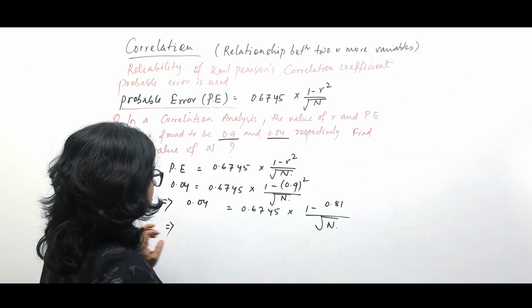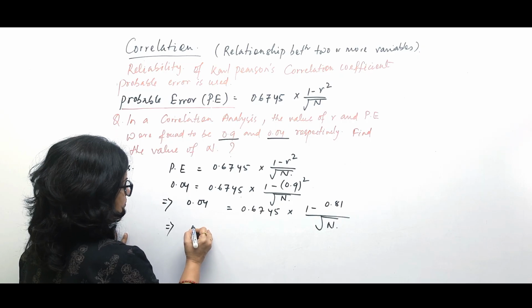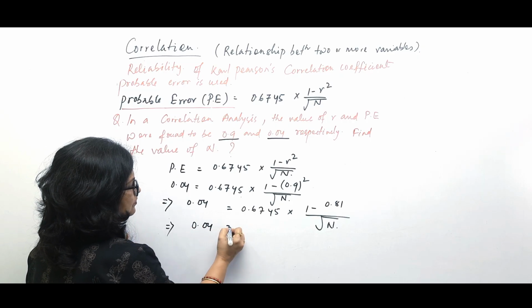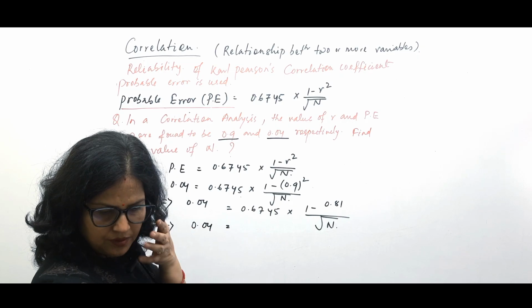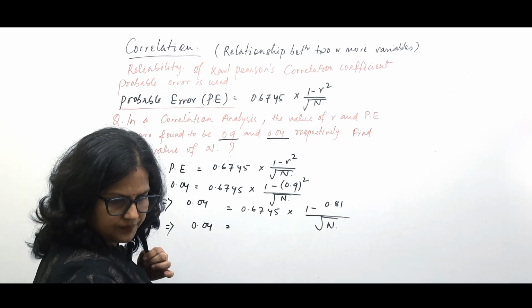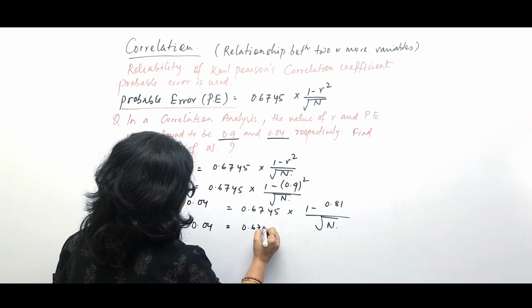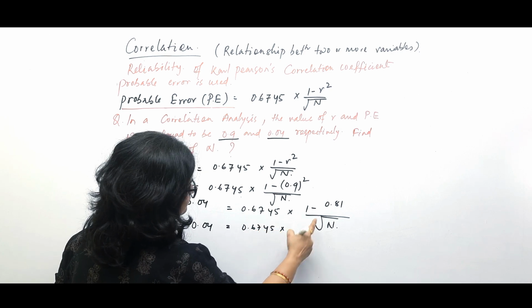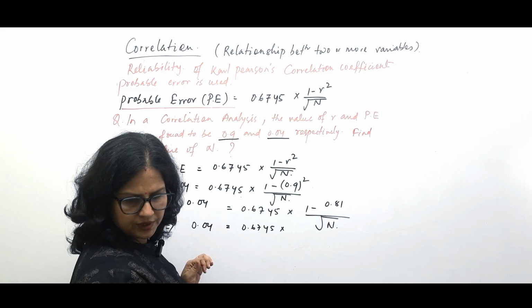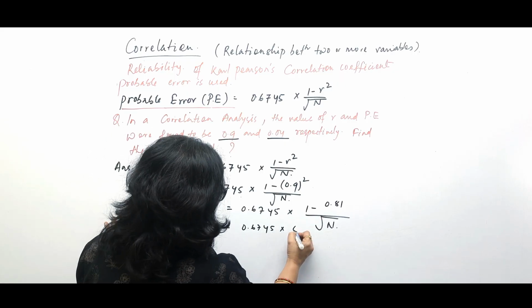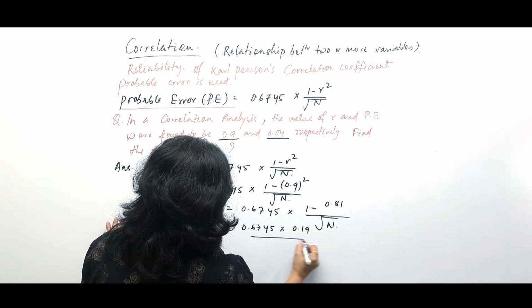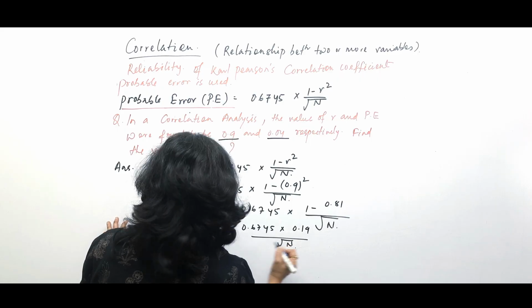You can write 0.04 equal to 0.6745 into 1 minus 0.81, that is 0.19, divided by root over of n.